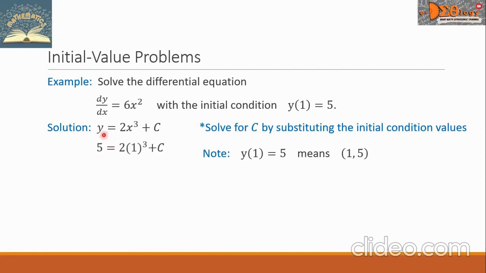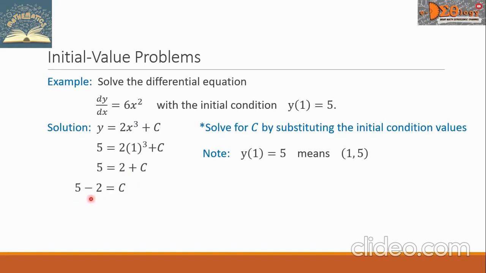So we have now the y becomes 5 equals 2 times the x cubed now becomes 1 cubed, then plus c. The 1 cubed here is simply 1 and 1 times 2 is 2. So we have this resulting equation. Solving now for c, we transpose 2 to the left side, it becomes minus.